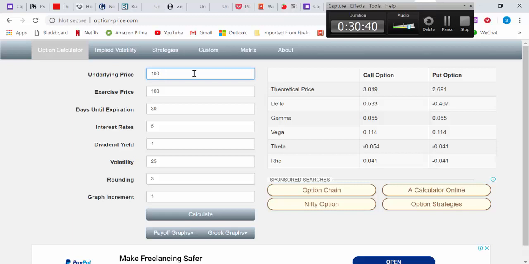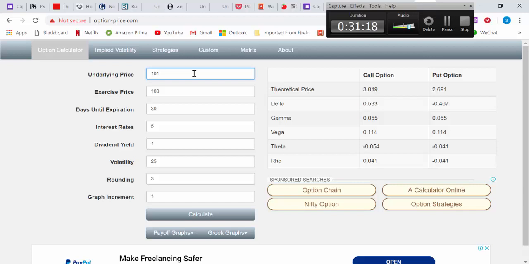So now the underlying price is 100 and a call option is worth $3. And if the underlying price changes to, let's say, 101, I think the call option price is going to be, who can make an estimation, just approximately, where do you think the call option price will now be? $17?